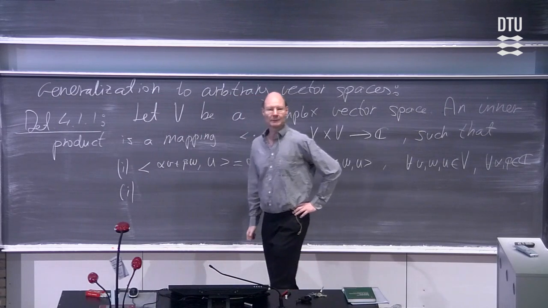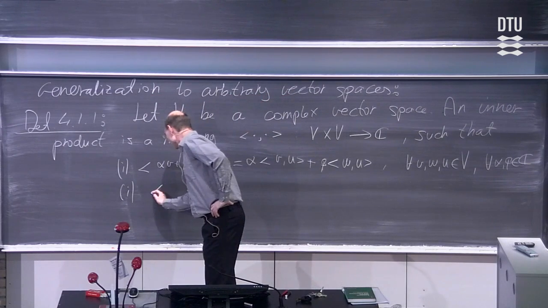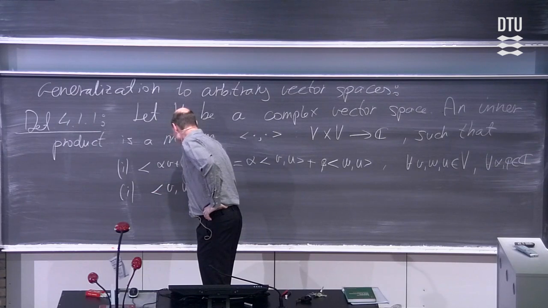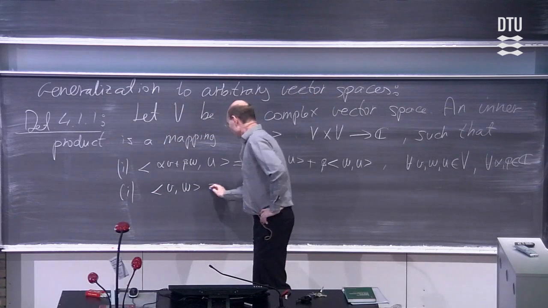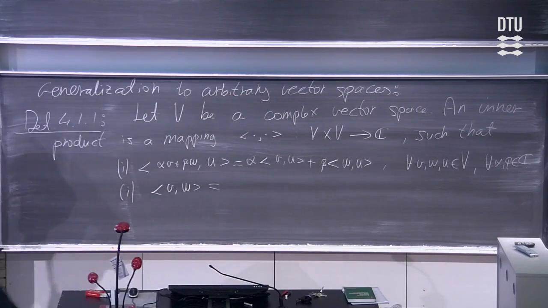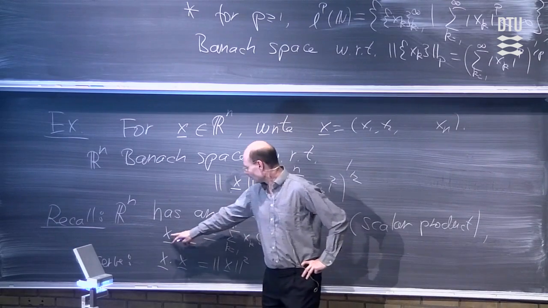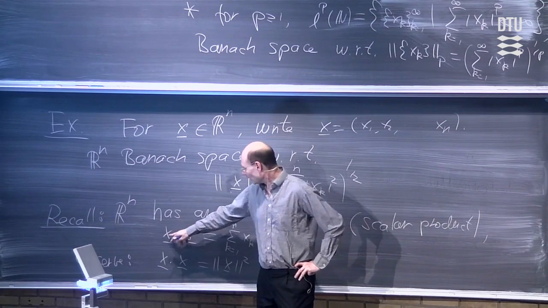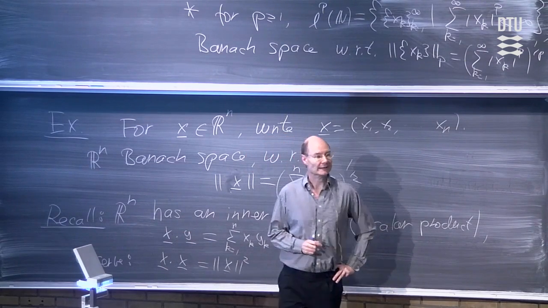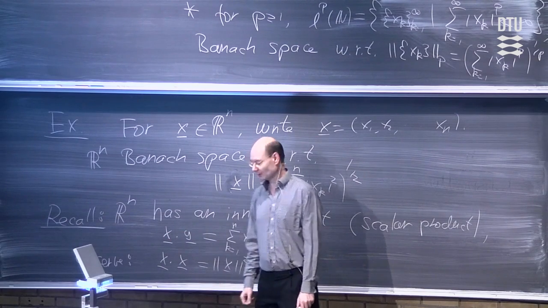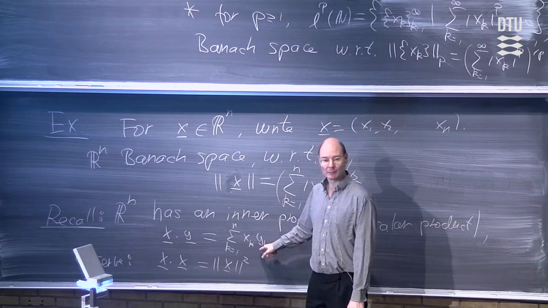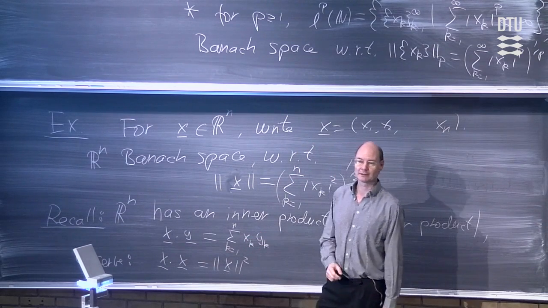The second one is a little bit easier. It says that if you look at the inner product between v and w, then whether you take the inner product of x with y or you take y with x, this will give you exactly the same number. So you can exchange the order of x and y if you want, because here you just exchange two numbers that you're multiplying, so this does not make any difference.